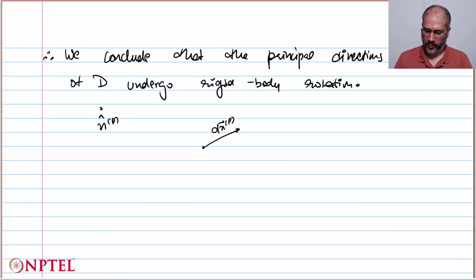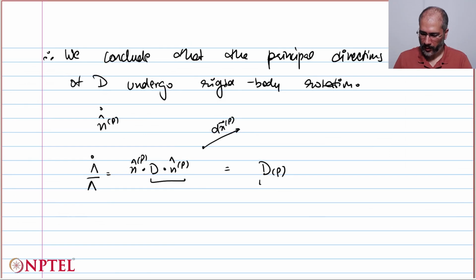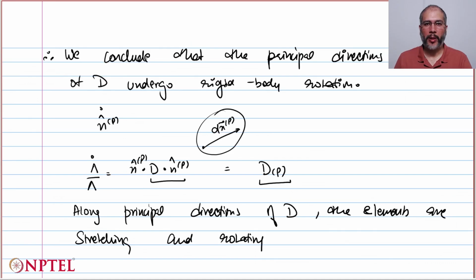Well, the answer is yes, because we have defined lambda dot upon lambda as n times d times n. So if you're talking about the principal directions, then this thing becomes dp. So the principal values of d tell us the rate of stretch of this element dx. So what's happening is that along the principal directions of d, these elements are stretching as well as rotating. And particularly this rotation is a rigid body rotation.